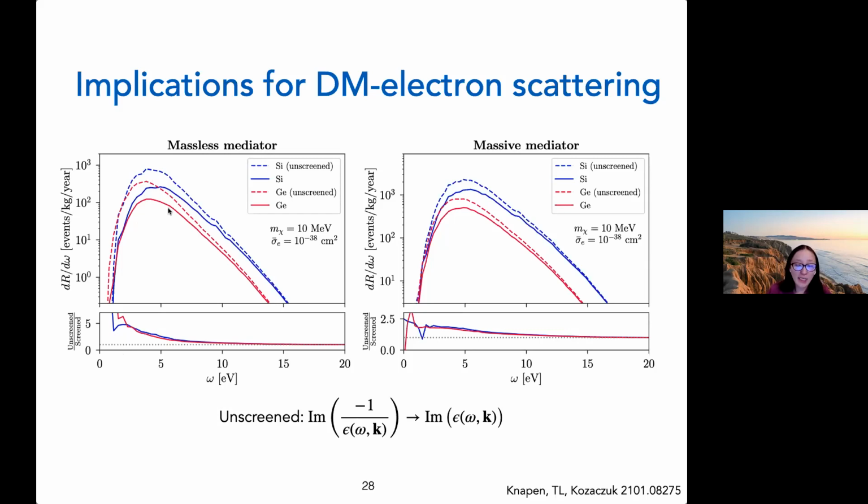That's for a massless mediator, where because of the form factor, you're dominated by scattering at low momentum, so the effects are bigger, since the screening will be larger at long wavelengths, and the effects are much more mild for massive mediators, just more of an order 1, at most factor of 2 effect on this side.